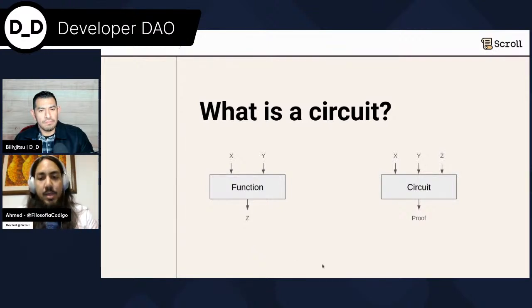But on a circuit, it looks quite similar because we have loops, we have parameters, we have if statements, we have functions, but the actual logic behind this is a bit different. So I want you to think about it the following way. We're going to pass the parameters, the same as in a function, but we're also going to pass the result of the execution. So we pass the parameters and the result too.